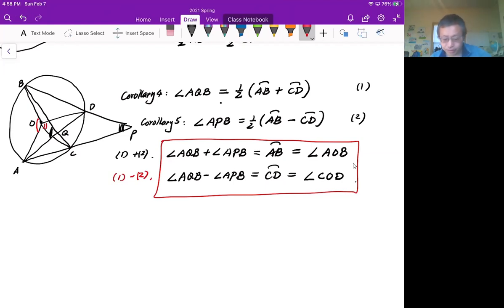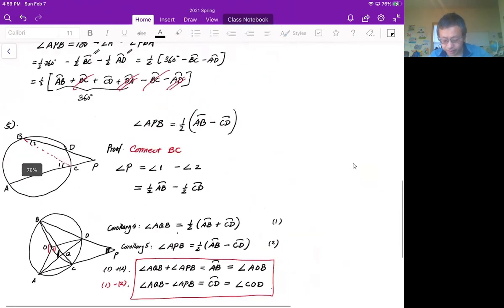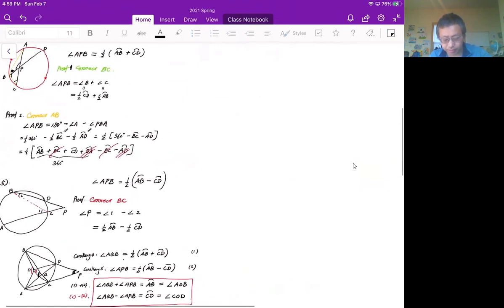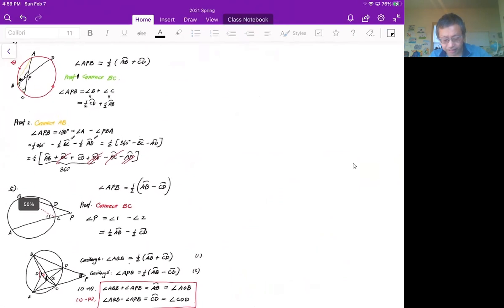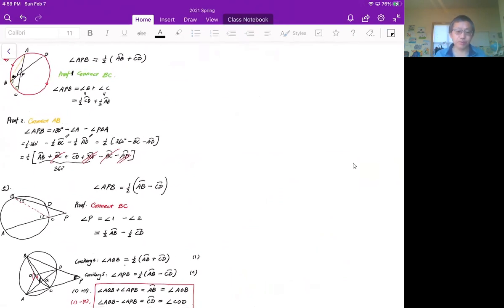If you need a reference of the previous two, I just move down a little bit so that you can see the previous two here. Okay, 4, 5, and 6. These are very interesting. Read that here.